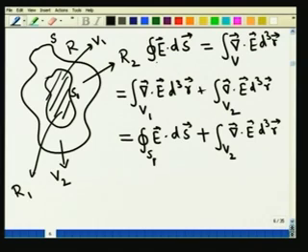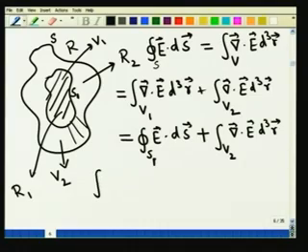Now let me add S here so that there is no confusion. So what have we proved? What we have done is to generalize Gauss's theorem for surfaces which bound and are bounded by a certain volume, like this region R2.